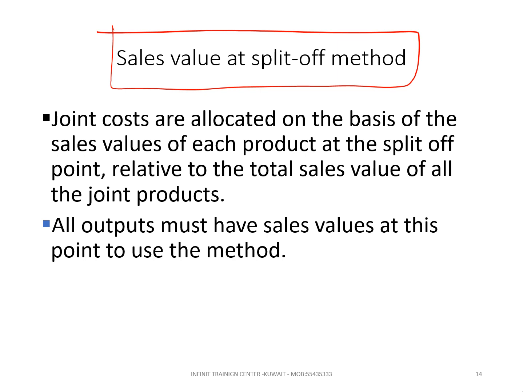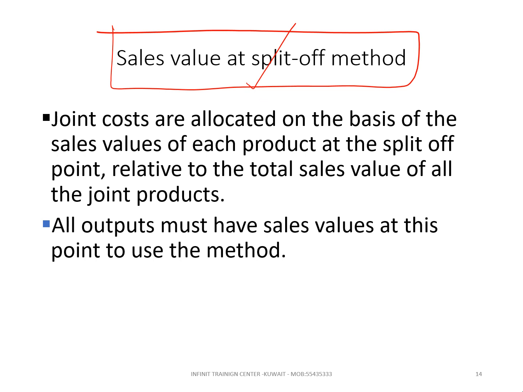So it is based on the market value. It has nothing to do with the volume. You will find the proportion of the market value of each product, and based on that proportion you will allocate the total cost under the sales value at split off method.